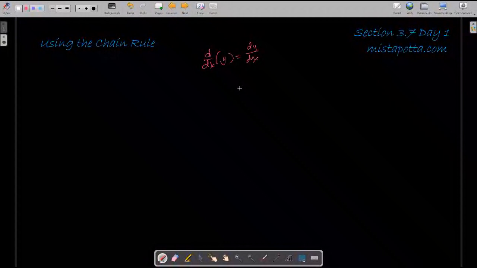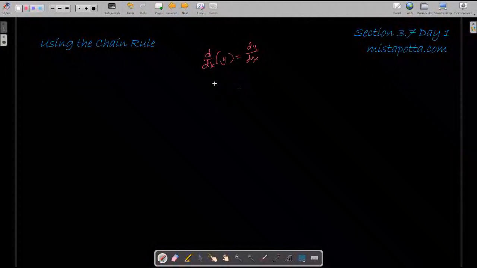But in fact, whenever I take the derivative of something that involves y, I'm going to get my derivative function out of it. And so what I'm going to have to do is determine what my derivative function dy dx is, essentially solving for dy dx in terms of x and y.